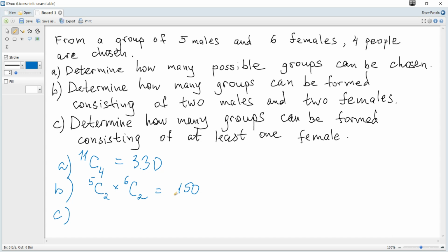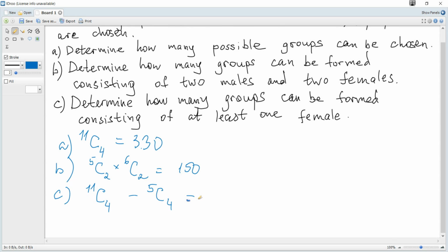The total number of groups is the number of combinations 4 out of 11, and the unwanted groups are groups which consist of no females, and it means all males.